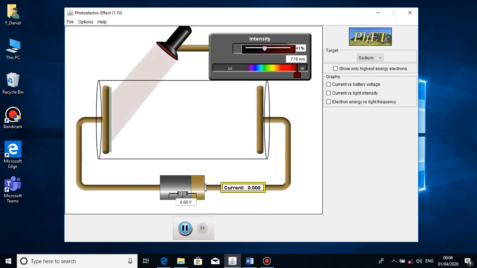This is 30, 40, 50, 60, 70, 80, etc., until 100, and no electrons are extracted from the surface of the metal, knowing that there is no voltage here, which means that if electrons are extracted, they must reach this area here. So, as you see, when I use red radiation with a very high intensity, no electrons are extracted from the surface of this metal.